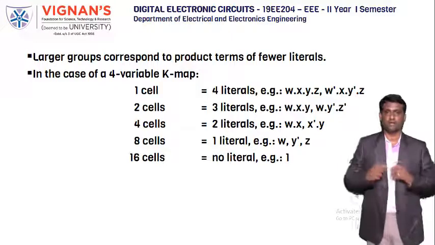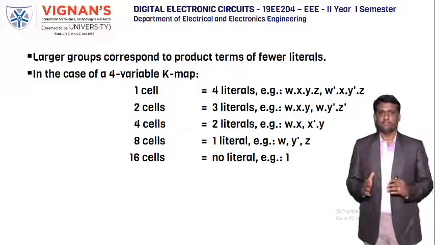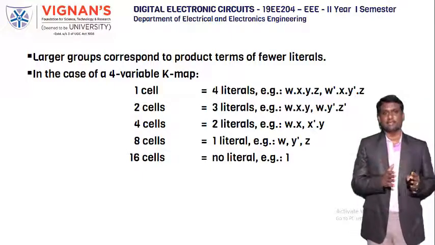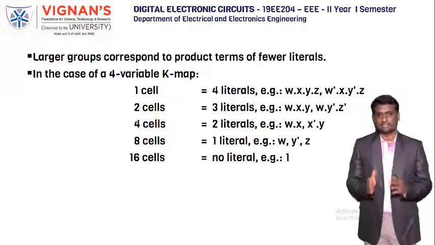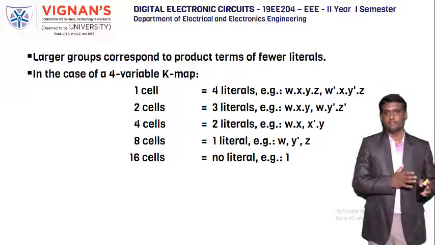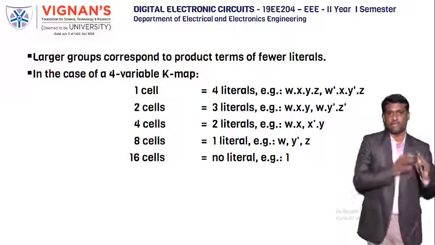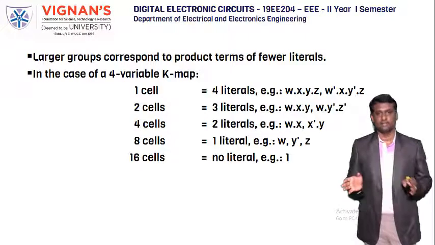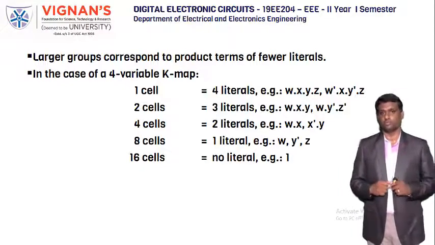If we merge 2 cells, the merged cell consists of 3 literals. If 4 cells are merged, the expression output consists of 2 literals. If 8 cells are merged, the expression consists of 1 literal. If all 16 cells are merged, there is no literal, then we have to represent 1 as the output.